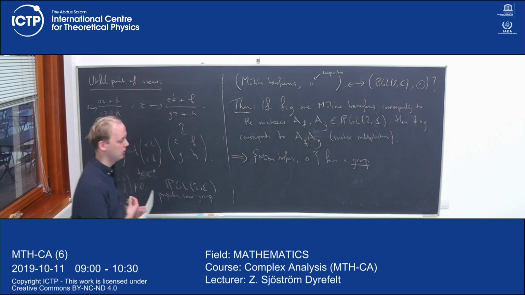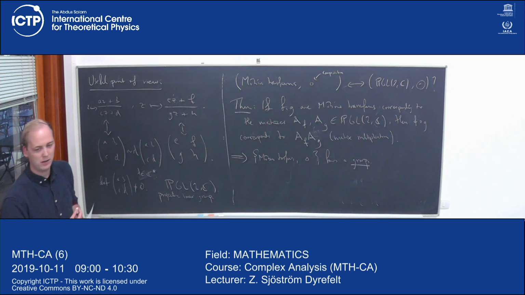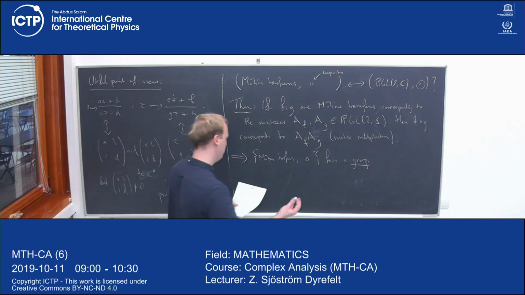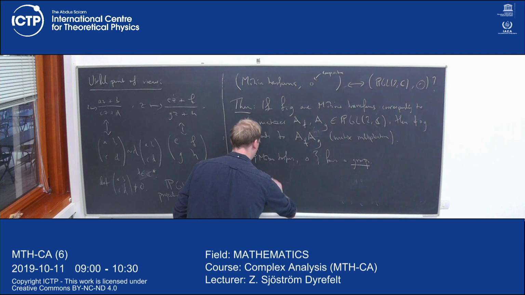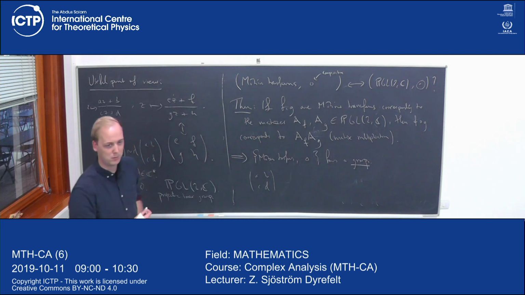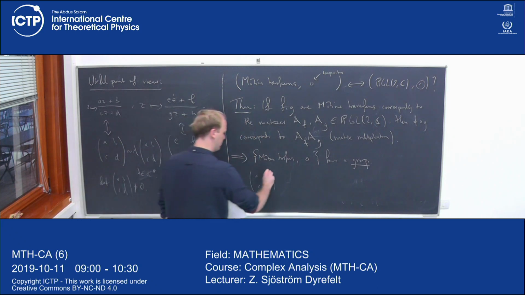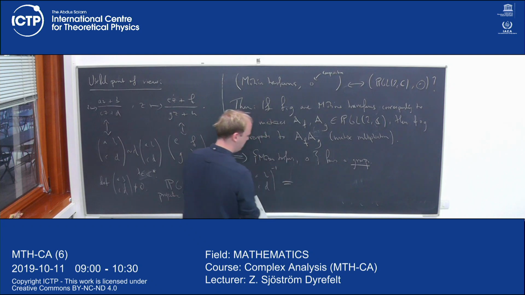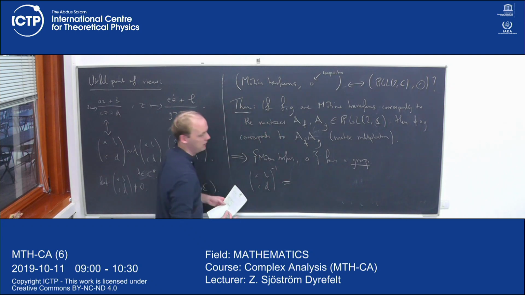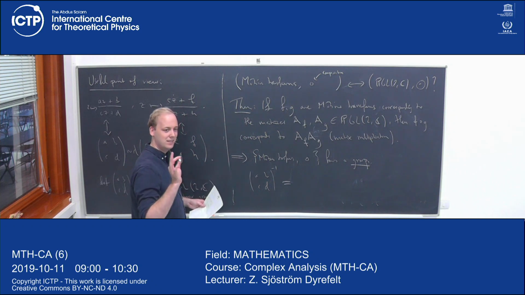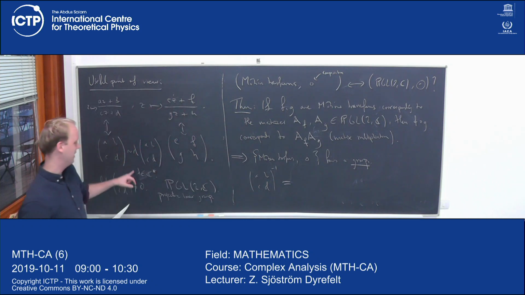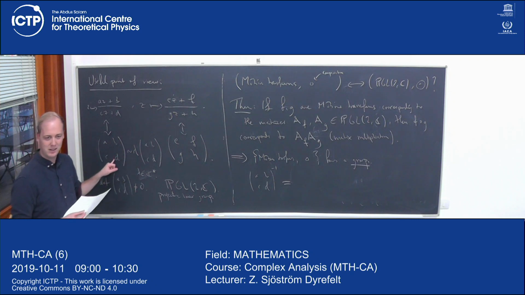And this is nice to know, because if you have a group, it means you have an inverse, and you can find this inverse. So if you have this Möbius transform corresponding to A, B, C, D, then the inverse of this is given just by the inverse of the matrix, with the little added caveat that you identify these things.